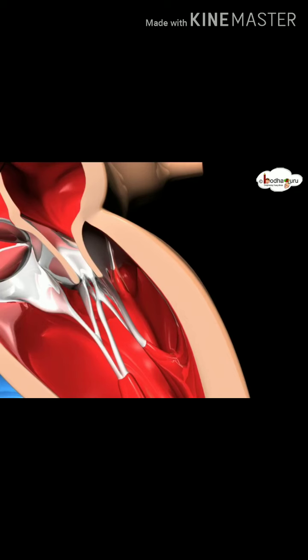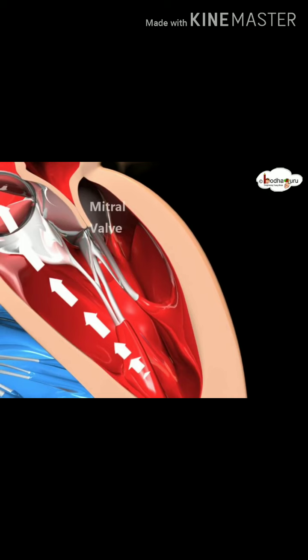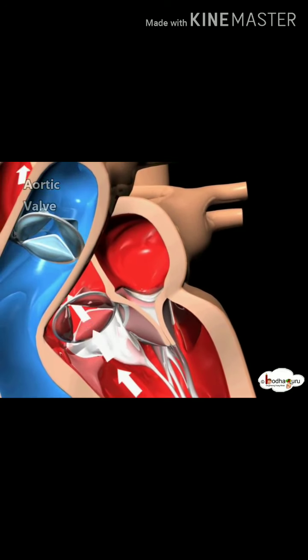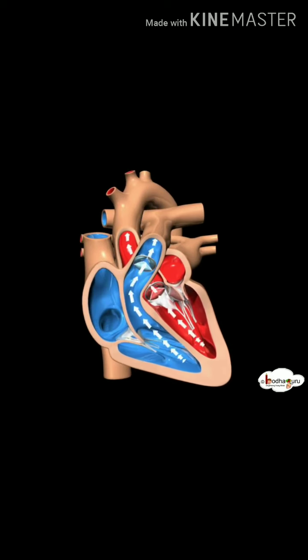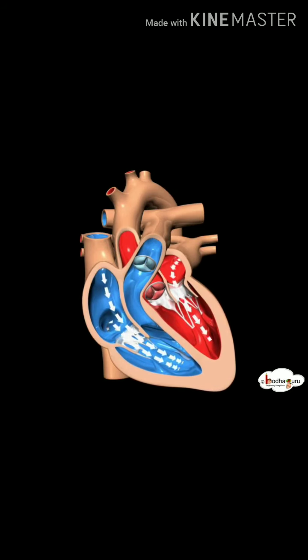When the ventricles are full, the mitral valve shuts. Blood leaves the left ventricle through the aortic valve into the aorta and to the body. And this is how the heart functions continuously.